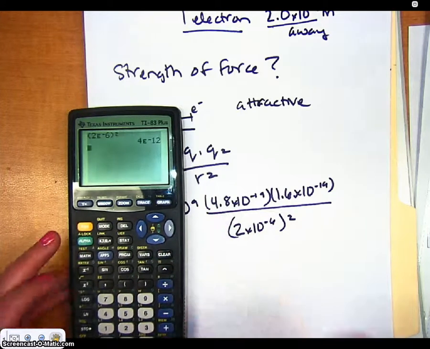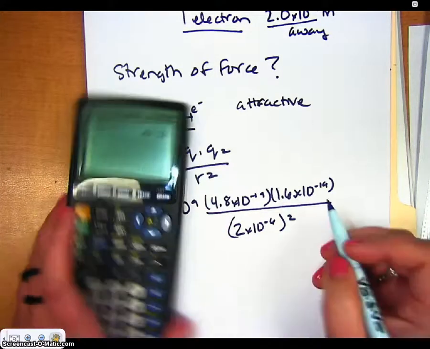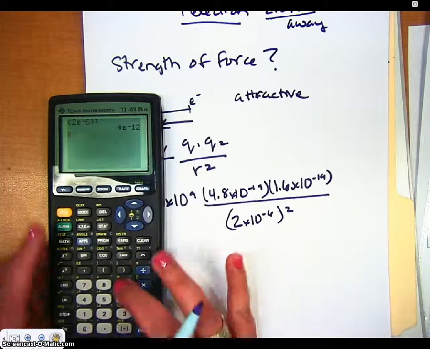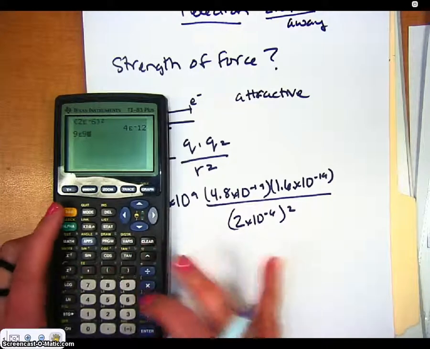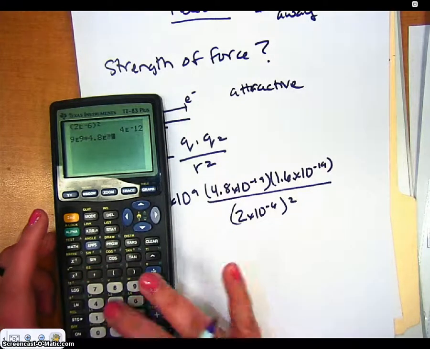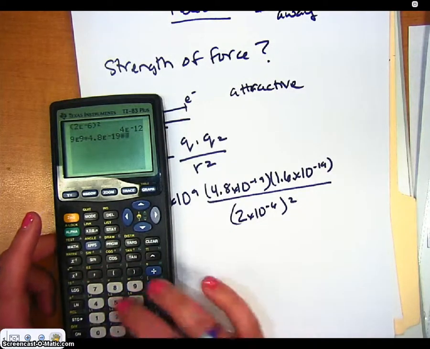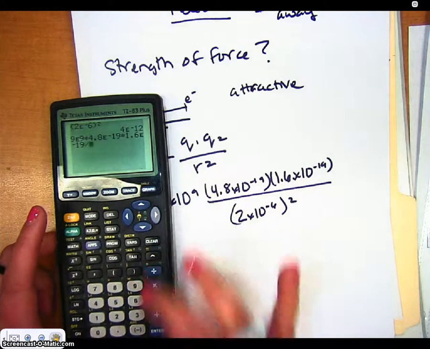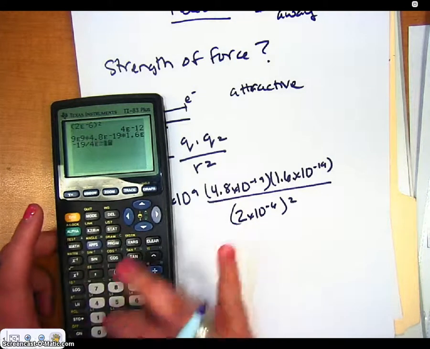And I'm going to square that. So I'll get 4 times 10 to the negative 12th. So then I can just go ahead and punch in all my numbers. So 9e to the 9th times 4.8e to the negative 19th times 1.6e to the negative 19th, and then divided by 4e to the negative 12.